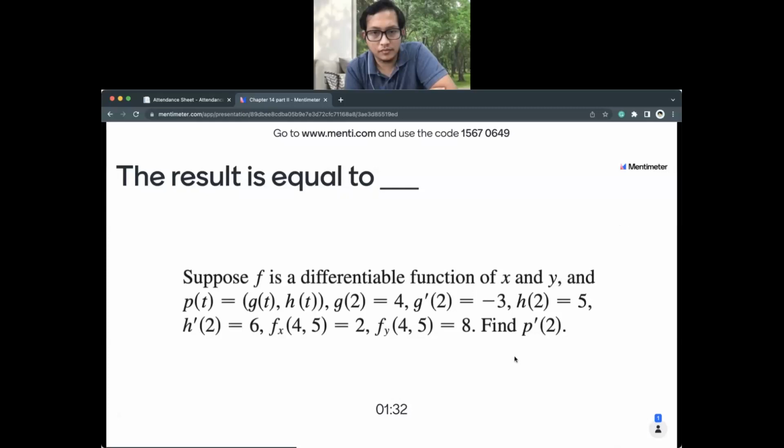You need to find the first derivative of p at t equal to. So this is related to the chain rule.